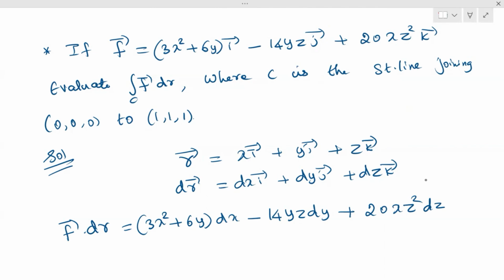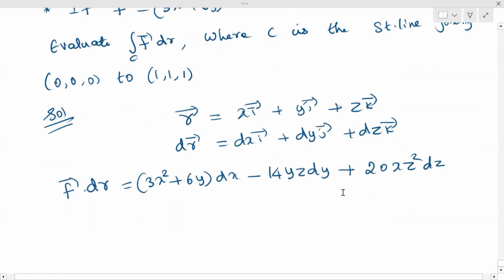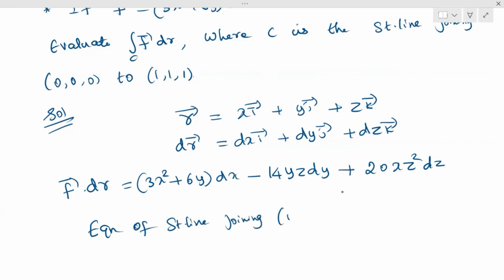For that, they have given a straight line, which is our curve. So you have to find the equation of the straight line joining (0, 0, 0) to (1, 1, 1).